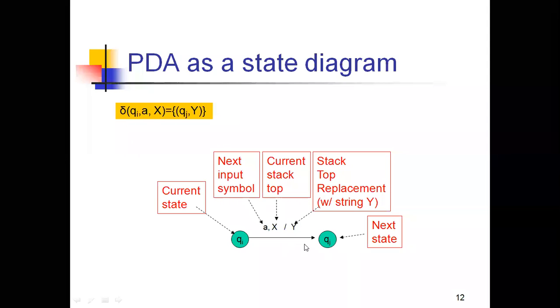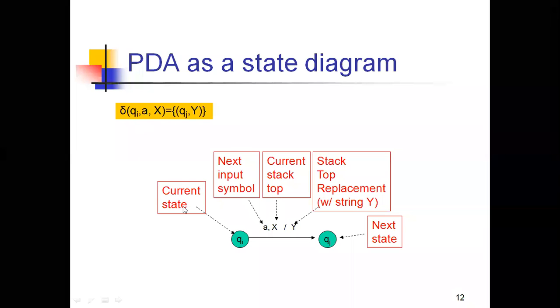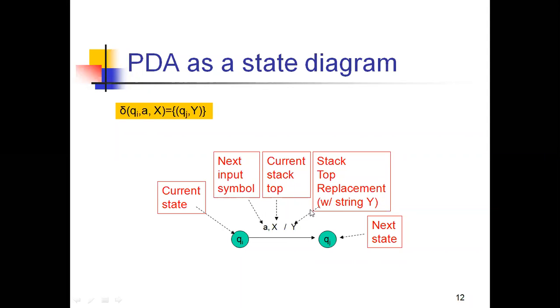And here from qi we're showing a transition to qj, the next state, right? I think you all understand now clearly how to define the transition mapping function by using a state diagram. Qi with a along with x goes to qj with y. Is it clear? Qj with y. So like that only you need to write.